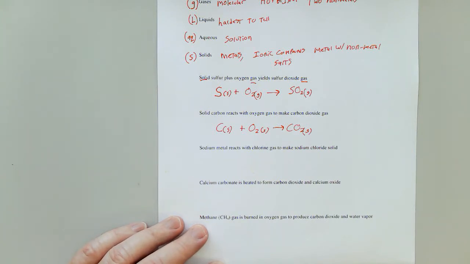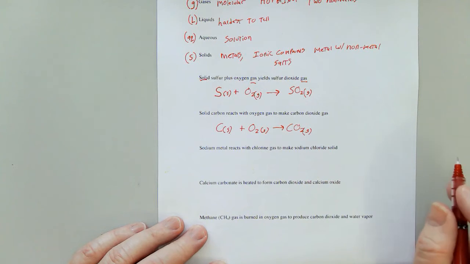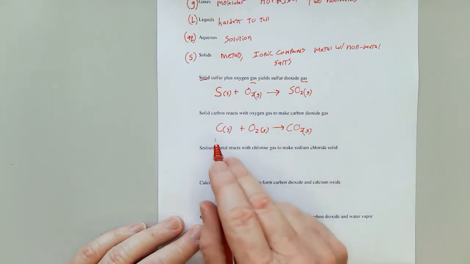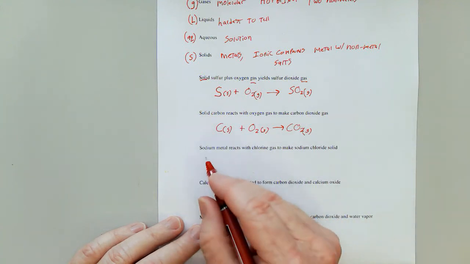It exists in different forms. It can be graphite, like what's in your pencil. It can be diamond. It can be a big soccer ball shaped C60 molecule called a fullerene. Sometimes we might say that in the description, but not for what we're doing. Pretty much carbon with the s is good for solid carbon.